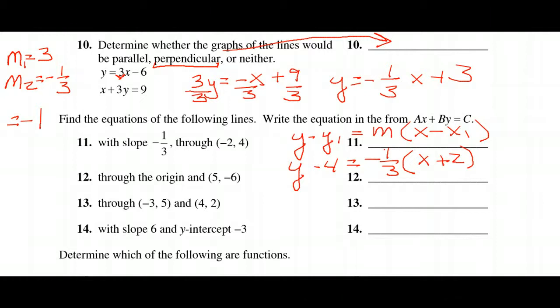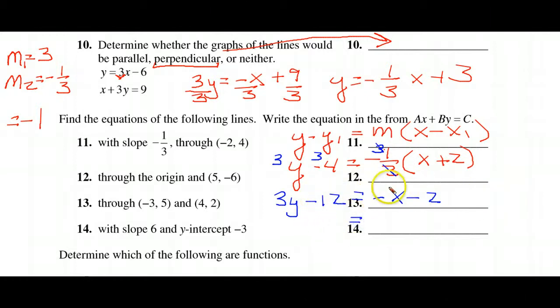So the first thing we're going to do is get rid of all our fractions here by multiplying every term by 3. So this becomes then 3y minus 12 equals, here the 3's cancel out, and it's just opposite signs, -x, -2. Now we transpose this.